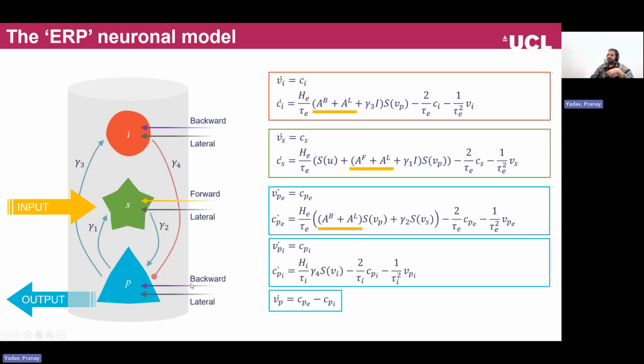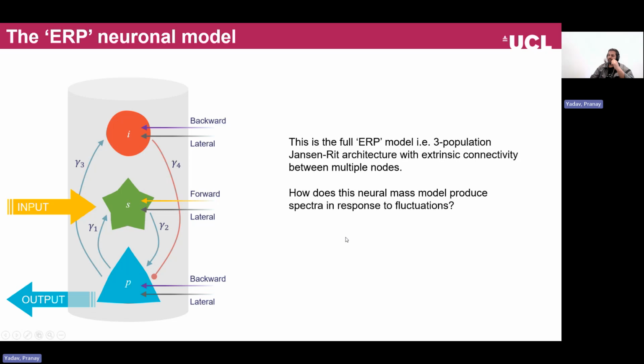And for pyramidal, it's backward and lateral connections, which are included here in the equations. Right. So now this is the full ERP model, a three population convolution based Jansen-Rit architecture with extrinsic connectivity between multiple regions or nodes. Now, how does this neural mass model produce spectra in response to some input fluctuations?